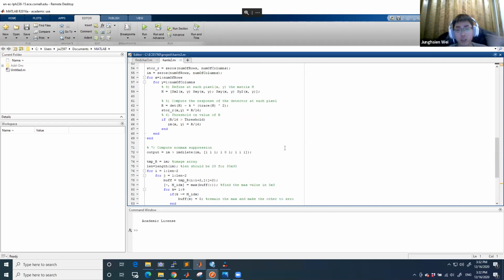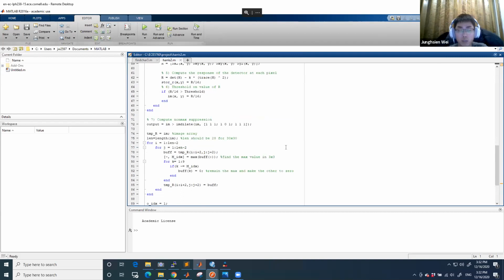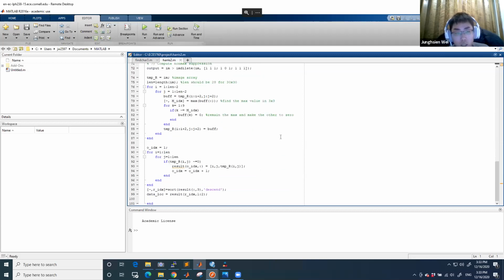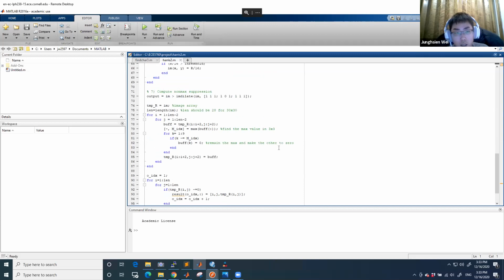So we have three different algorithms to calculate the probability of the training data set and the testing data set. Then we combine all of these values and vote on which letter is the most likely letter we are testing right now. So yeah, that's it.